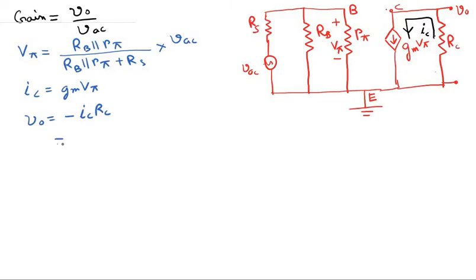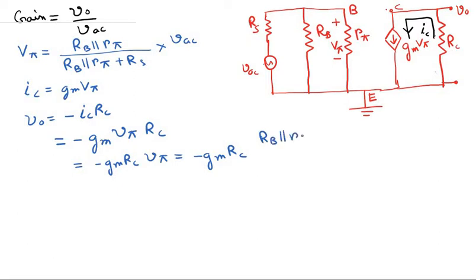So this is equal to minus GM V pi times RC, so equals to minus GM RC V pi, and we already have an expression for V pi. So minus GM RC V pi is RB parallel to R pi divided by RB parallel to R pi plus RS into VAC.